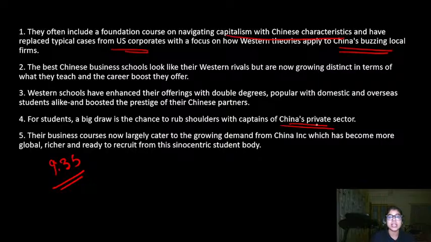So obviously, all of these business courses now largely cater to the growing demand from China Inc., which has become more global, richer, and ready to recruit from the Sino-centric student body. So the entire thing is focusing on China and China's business courses.